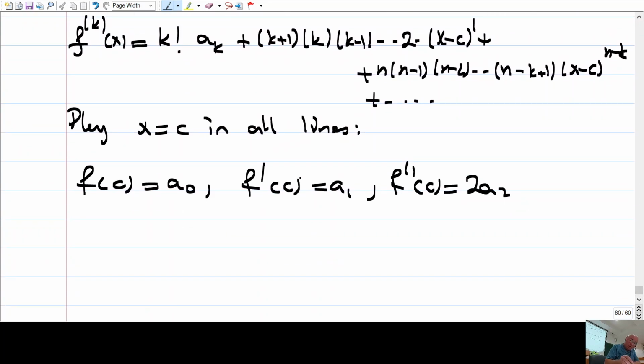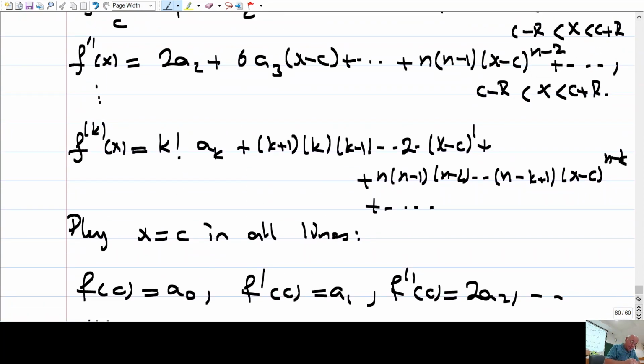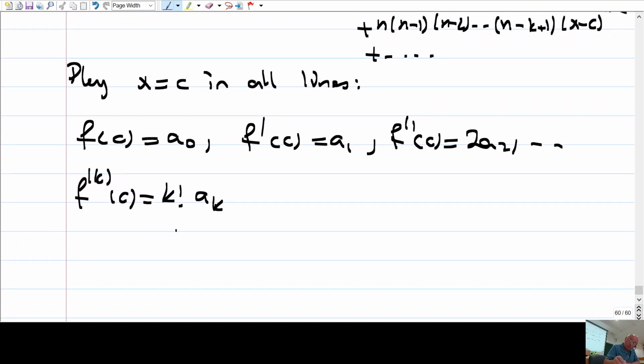And for the kth derivative, when I plug x equals c, I get k factorial times ak plus 0, 0, 0. So I have only this. Therefore, ak is just the kth derivative of f evaluated at c divided by k factorial.